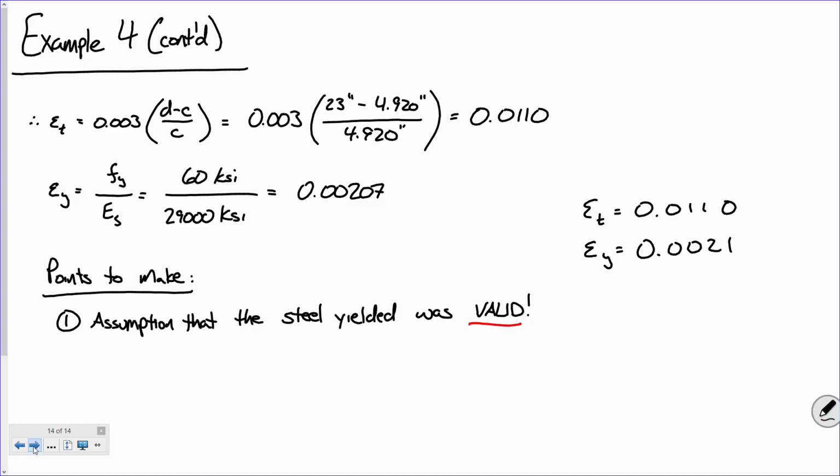Okay. Number 2, what is our ACI requirement for strains? The ACI requirement is that epsilon sub t must be greater than or equal to 0.004. Was that met or not? Oh yeah.